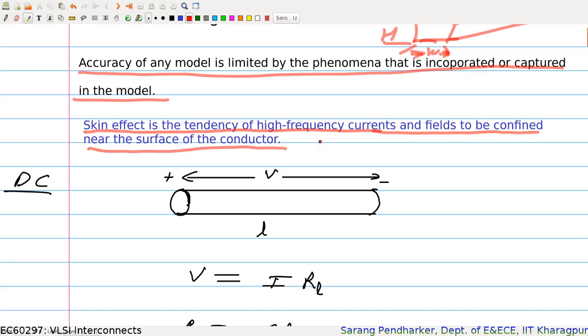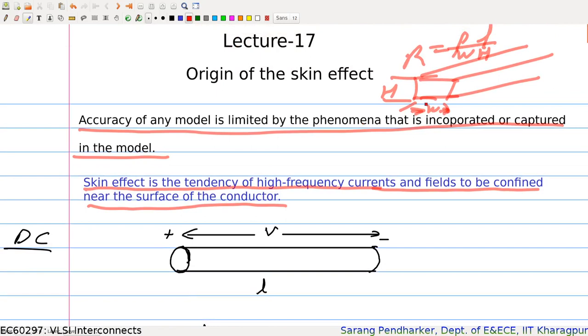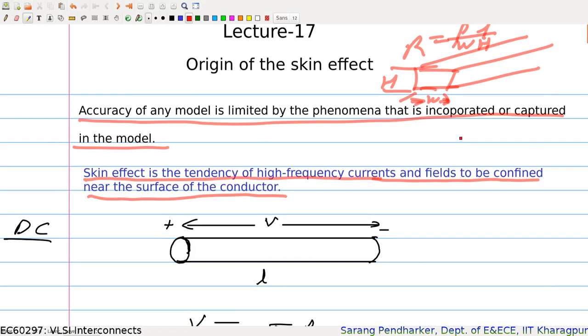So if you have a conductor and the current is a high frequency current, then the current would tend to be concentrated near the surface of the conductor, and the concentration would diminish as you go deep inside the conductor. So why does this arise? We will look into that.